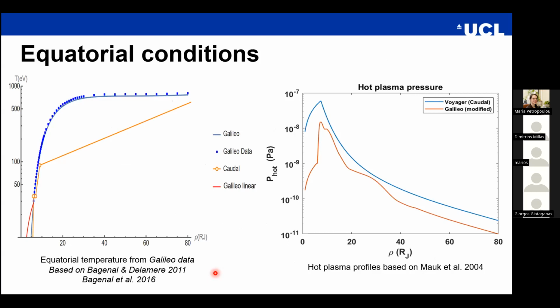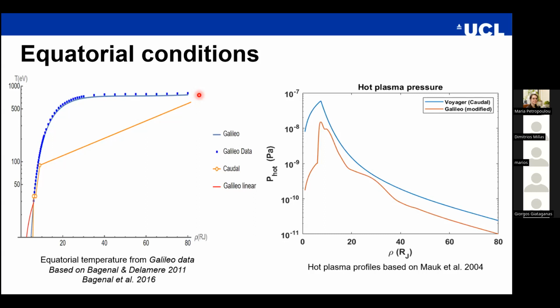It's not very clear now with these scales, but it's a series of piecewise linear functions, which of course is not smooth. The newer Galileo data are shown in blue squares, and the analytical fit is the solid blue curve. So this is what we implemented in the code. We can have either Voyager data or Galileo data as initial conditions.